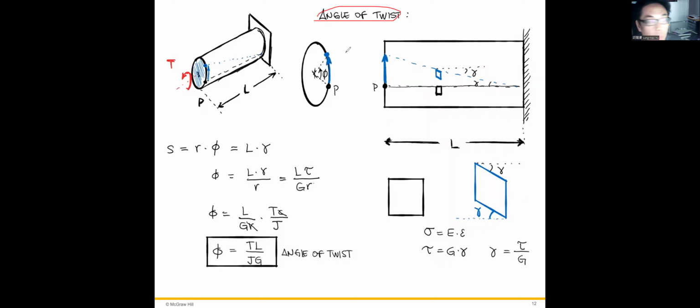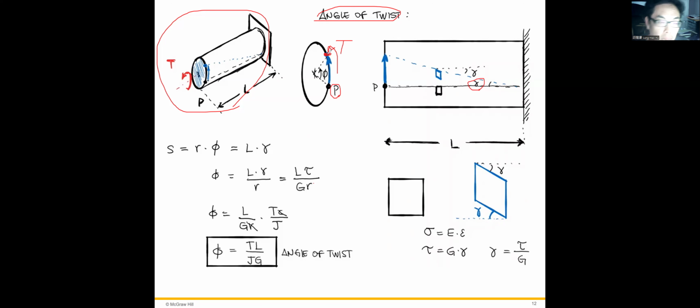When the torque is applied to the solid rod, there are two angles. One is what we're going to figure out, the angle of twist, and the other one is gamma. What is gamma? We can regard it as the shear strain. Imagine that when we apply a torque T to a solid rod, there is one point P, and this P will move to another location.